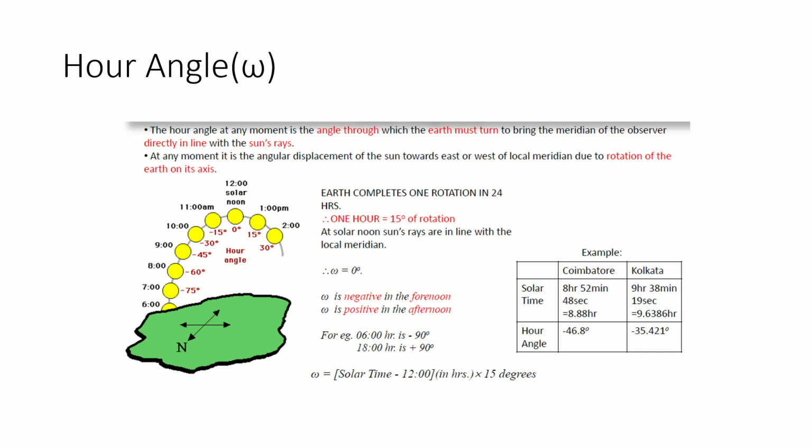As you can see, the hour angle changes as the day progresses from 6 a.m. till 6 p.m. and it is 0 degrees at solar noon, that is 12 p.m. So 1 hour is 15 degrees of rotation. At solar noon, the sun's rays are in line with the local meridian. Omega is negative in the forenoon while omega is positive in the afternoon. So omega can be calculated by the formula solar time minus 12 in hours into 15 degrees.